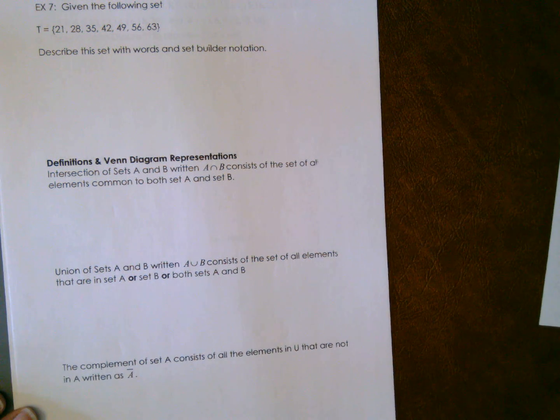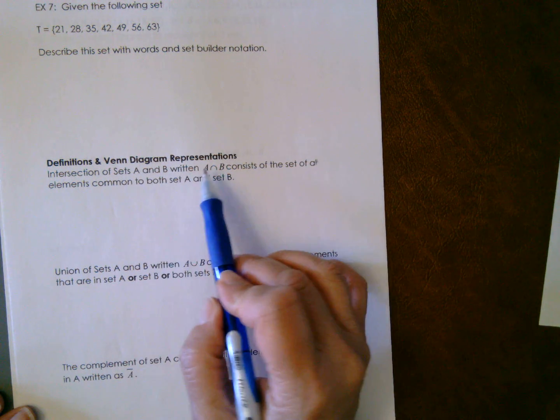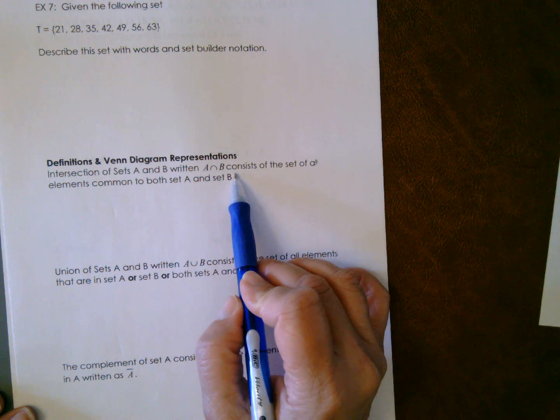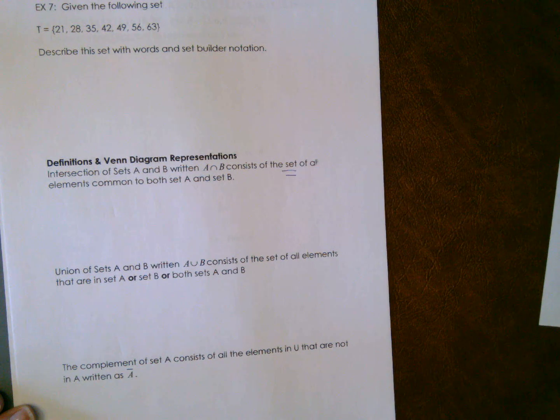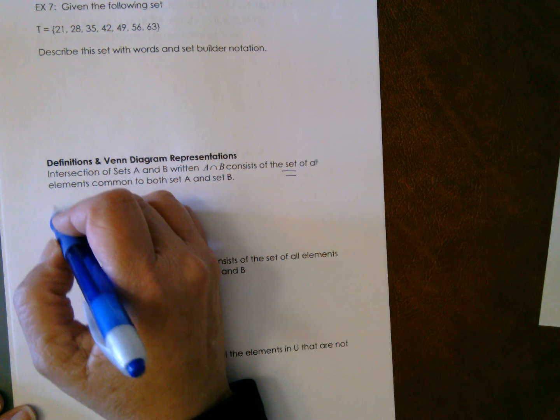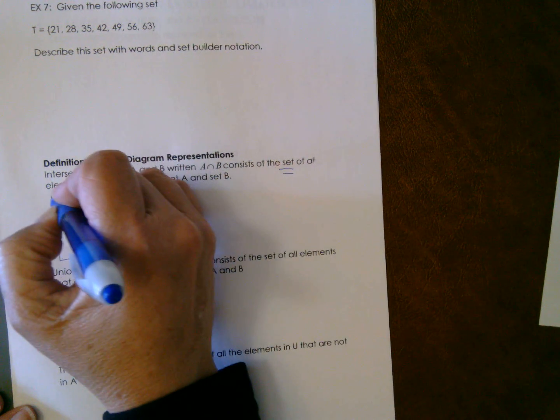Okay, and the last thing I'm going to talk about here are our definitions. First definition, intersection of sets A and B, written as A intersect B, consists of the set of all elements common to both sets A and B. So if I wanted to draw a picture of this, I'm going to start with my universal set.